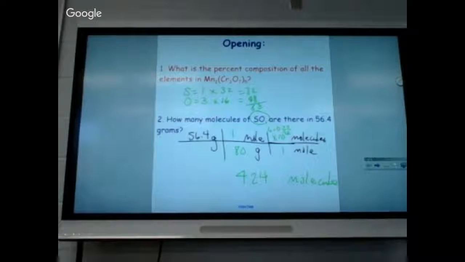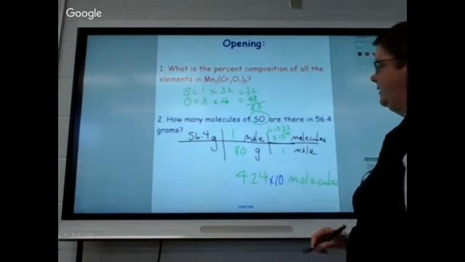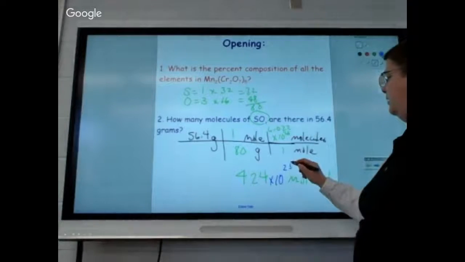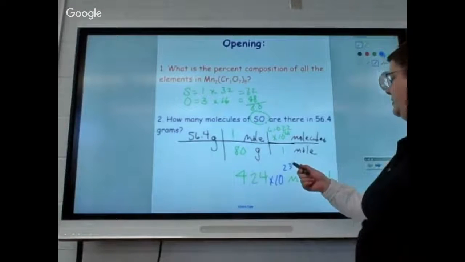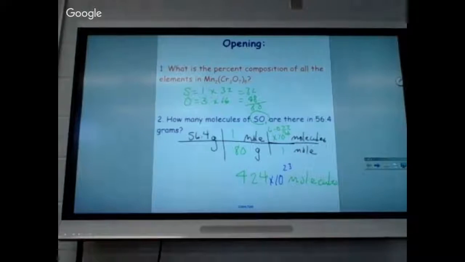If you punched it in your calculator and you look all the way to the end of the calculation, it says times 10 to the what? 23rd. So when you're calculating, if you're one of the people who's got to make up the test, try not to forget to look at the end of the line on the calculator and make sure you don't forget your exponent if your answer has an exponent. All right, some people forgot that.